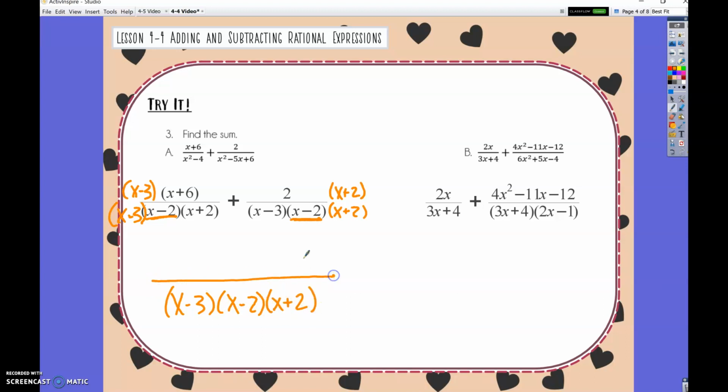And on the top, I will have multiplied this out. So I'll have x squared minus 3, or actually plus 3x, there we go, combine those, and minus 18, plus, here I'll multiply this 2 through both of those there. I'll have 2x plus 4. So my final answer will be x squared plus 5x minus 16.